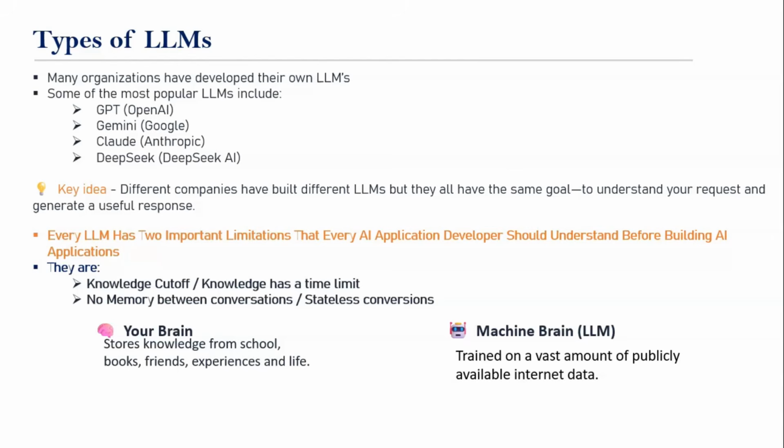It can answer questions based on the information it learned up to that point. However, if you ask about an event that happened in 2026, it may not know the answer because that information was not included in its training data.